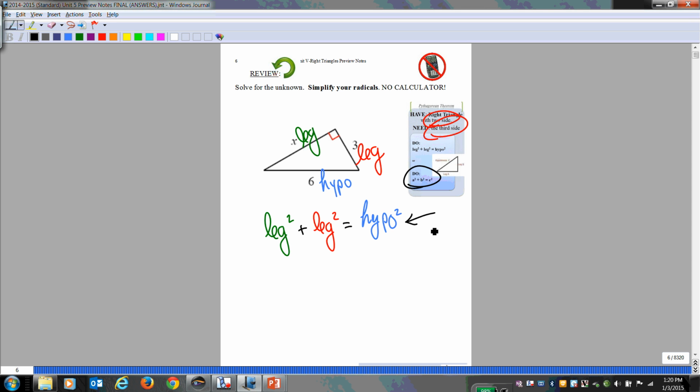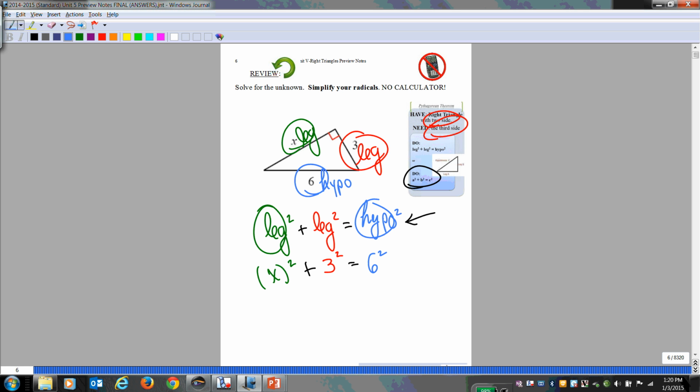Now, we circle, plug, chug. Our first leg is going to be x, parentheses squared, plus our other leg is 3 squared equals our hypo, which is 6 squared.